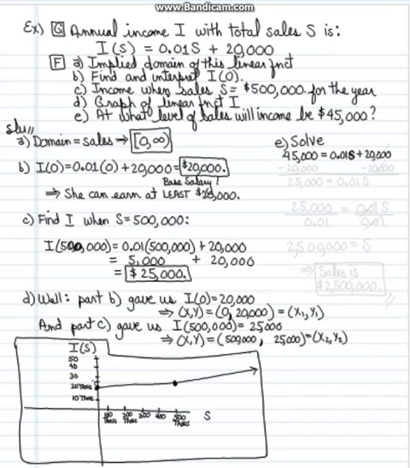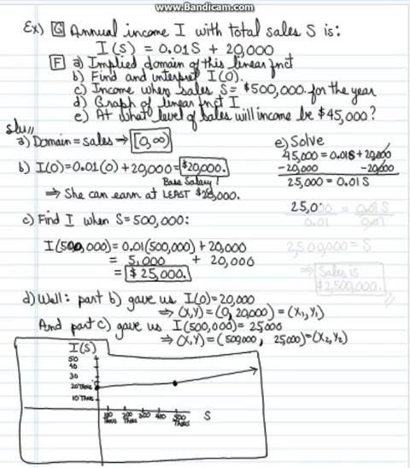First thing I'm going to do is isolate the S term by subtracting the 20,000 from both sides. Over here they cancel, but on this side I get 25,000 when I subtract, equals 0.01 times S. And then the last thing I do is divide both sides by the coefficient 0.01.